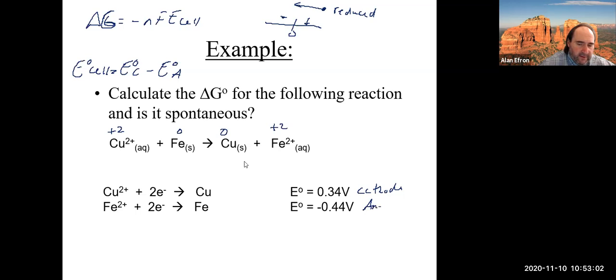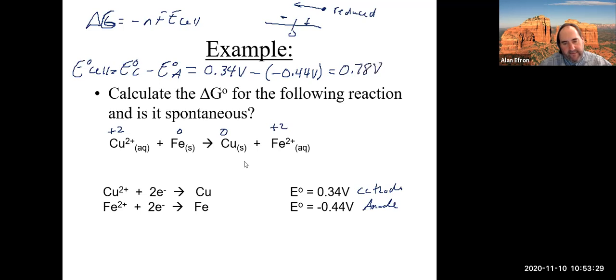By default, our other species should be our anode in this case. Since I'm going to subtract, I can just take the values from the table, and that gives me 0.34 volts minus, which changes the sign, minus 0.44 volts. That is going to give us 0.78 volts, which is what we need for this.